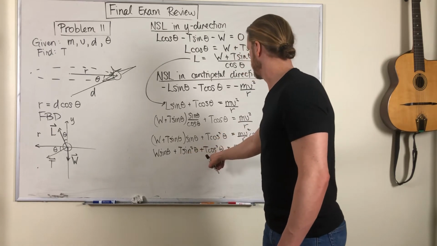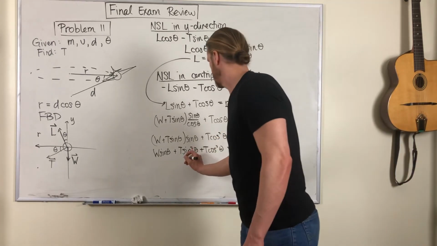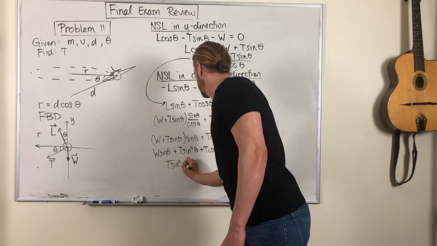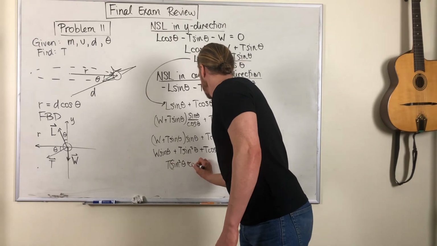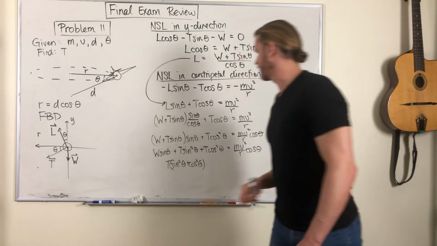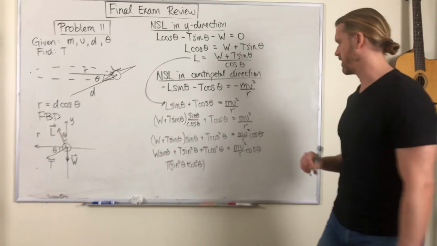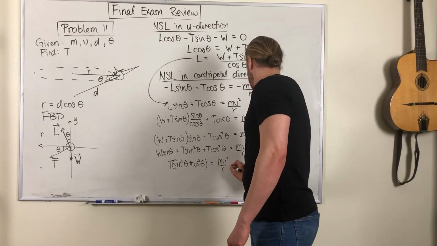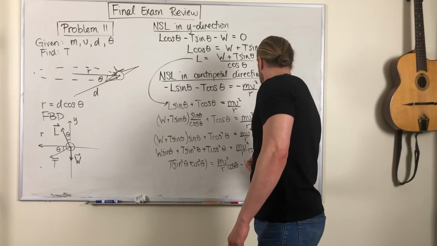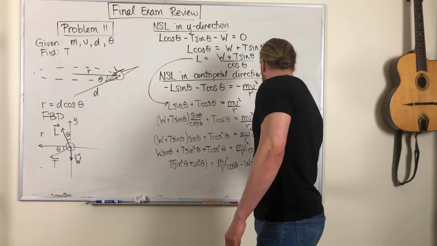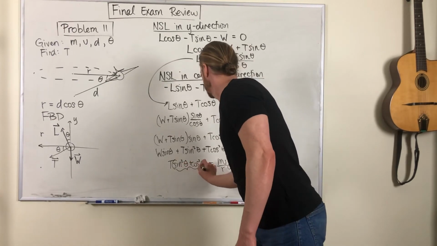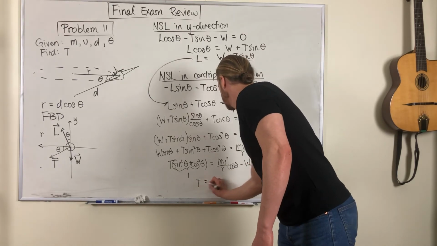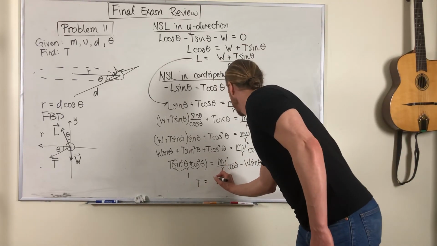And notice that this thing, sine squared plus cosine squared, is equal to 1. It's a trig identity. Okay, so if we did all that algebra right, I think we're done now.